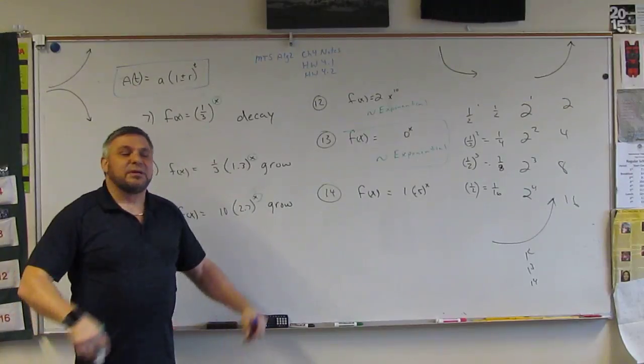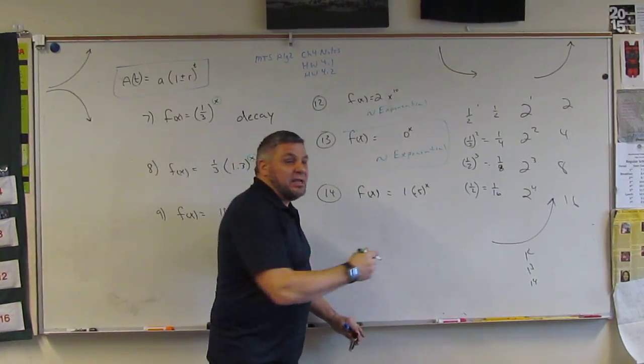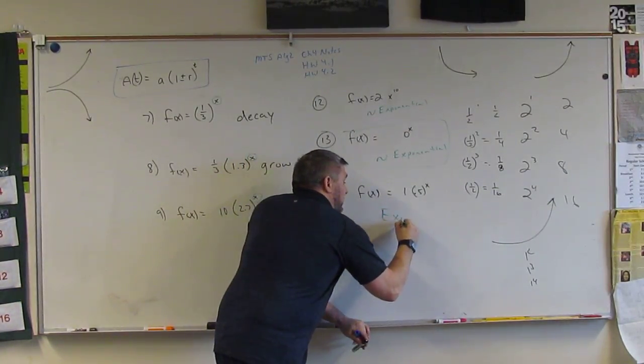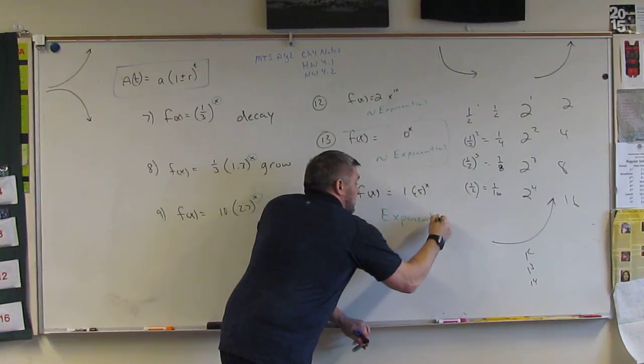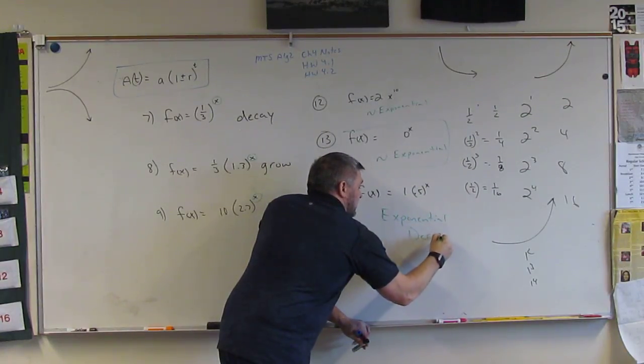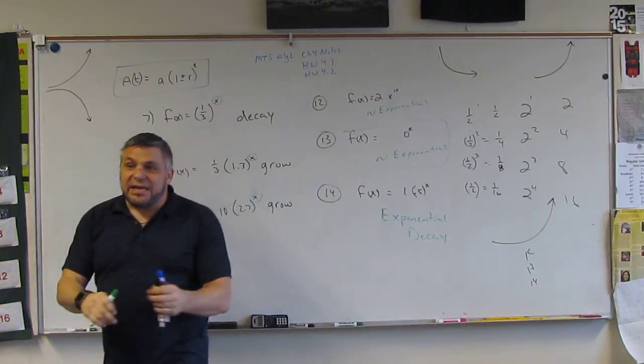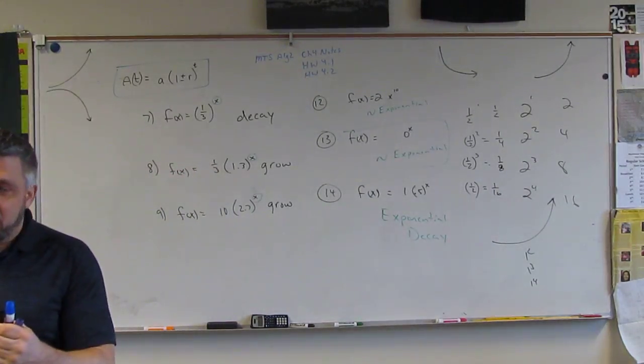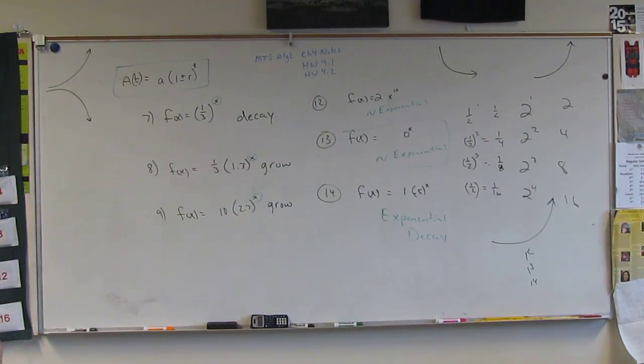Because it's a 0.5, because it's less than 1, right? So this one you would say exponential decay. Is that easy? Kind of? Hopefully? Questions? This one should be the 3 questions on the test that you get nice and easy.